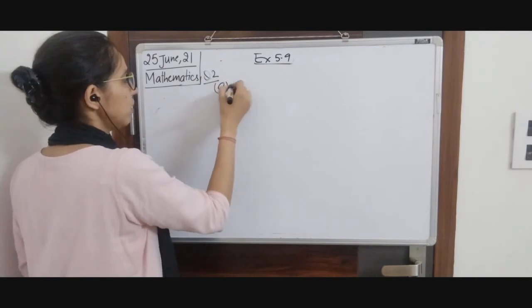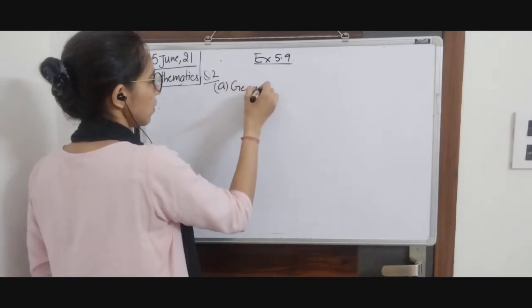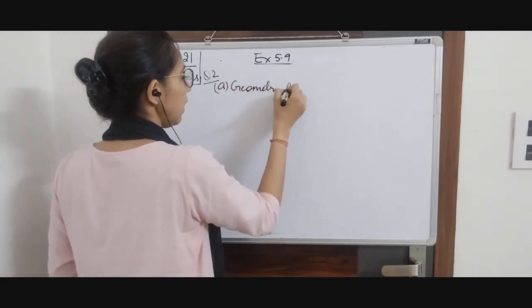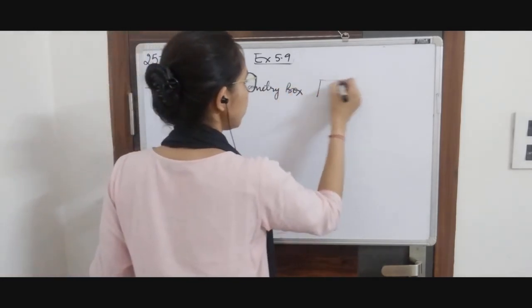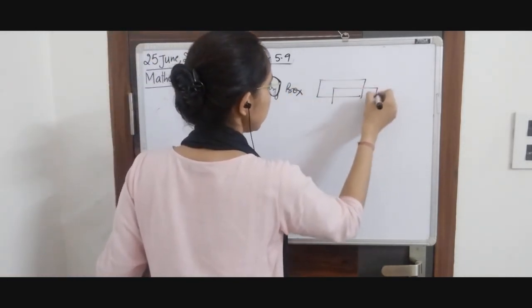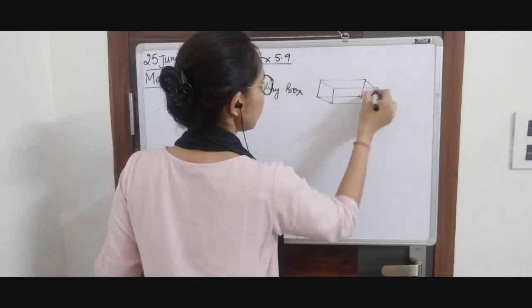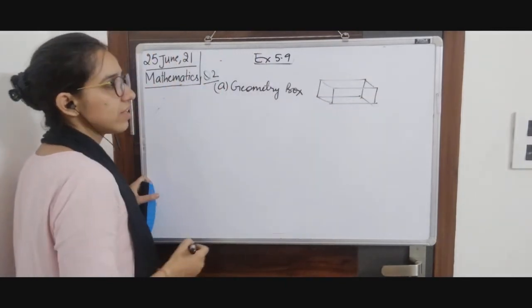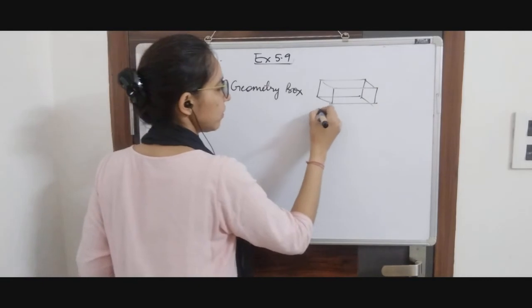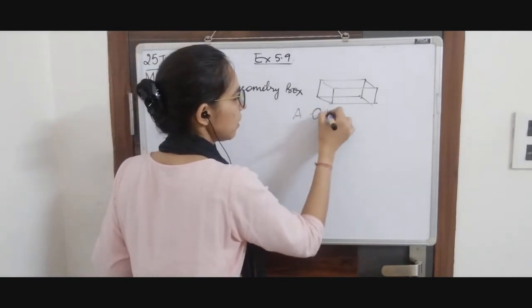First is your geometry box. If you look closely at your geometry box, it looks something like this, okay? And this is your cuboid.